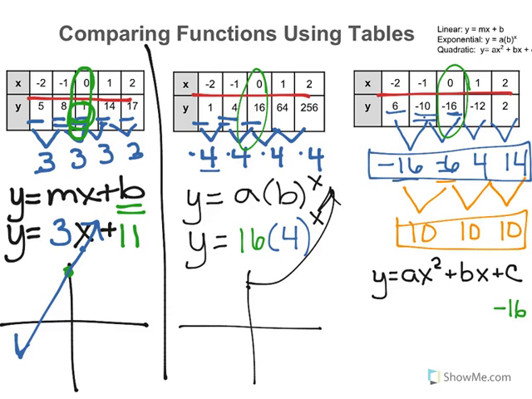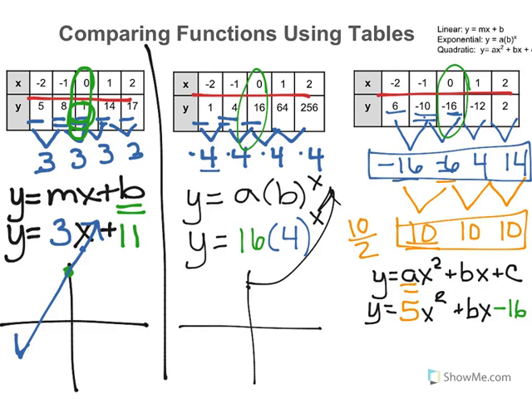There's also a quick and easy way to figure out what my a value is, and that is to simply take that second difference and divide it by 2. So that means that my a value is 5. So far I have y equals 5x squared plus bx minus 16.